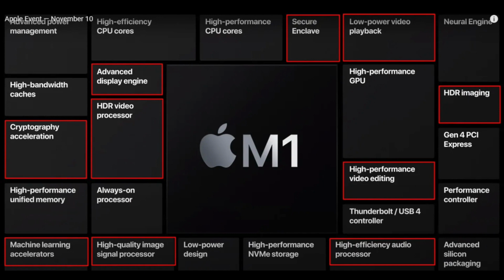Besides the CPU core, we also have the GPU, the neural engine, the memory controller, the I/O controller, and also specific processing units, such as image processing, video decoding and encoding, video processing, audio processing, and so on. All these specific units can process a large amount of data.